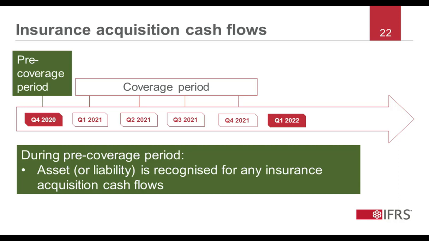When the insurance acquisition cash flows occur before a group of insurance contracts is recognized, that is, in the pre-coverage period, the entity will need to recognize those cash flows as a liability or an asset. On the date the group of the insurance contracts is recognized, the entity de-recognizes the liability or the asset for the insurance acquisition cash flows as discussed in an earlier slide.